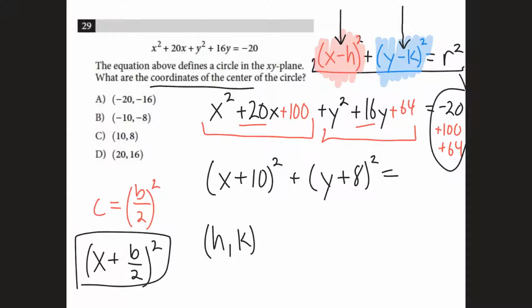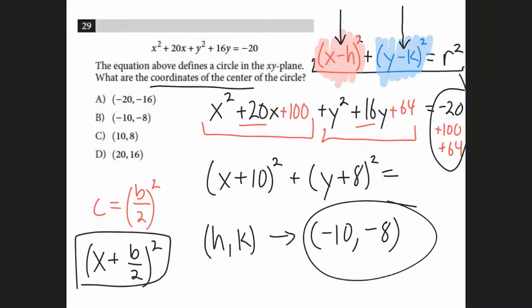So in this case, minus of positive 10 would be negative 10. So our x value is going to be negative 10, and our y value is going to be negative 8. That's the center of the circle. Our answer is B.